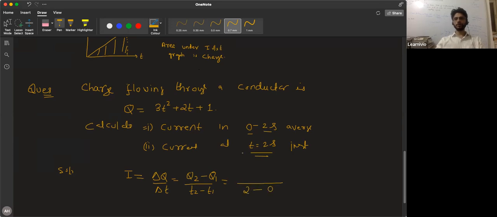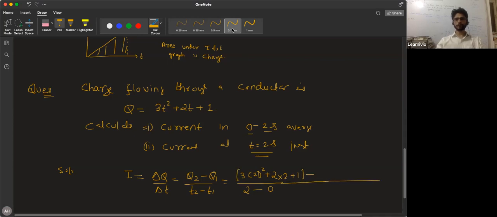How much is Q2? It's 3 into 2 square plus 2 into 2 plus 1, minus, if you put t equal to 0 here, it's 3 into 0 square plus 2 into 0 plus 1.